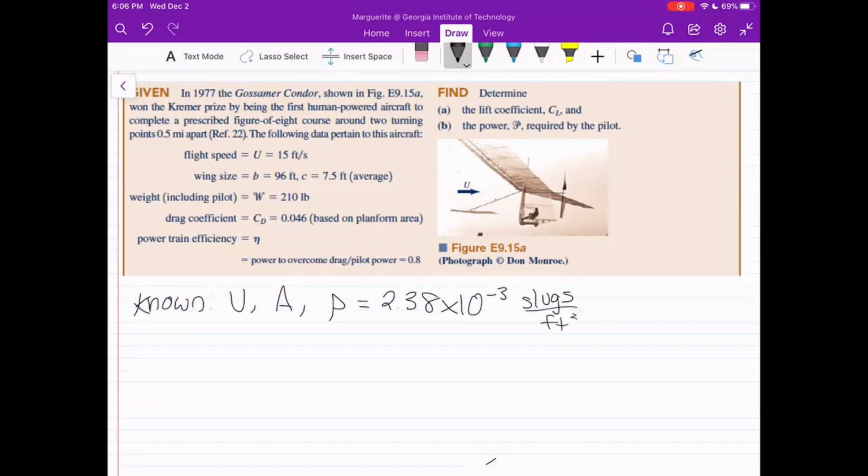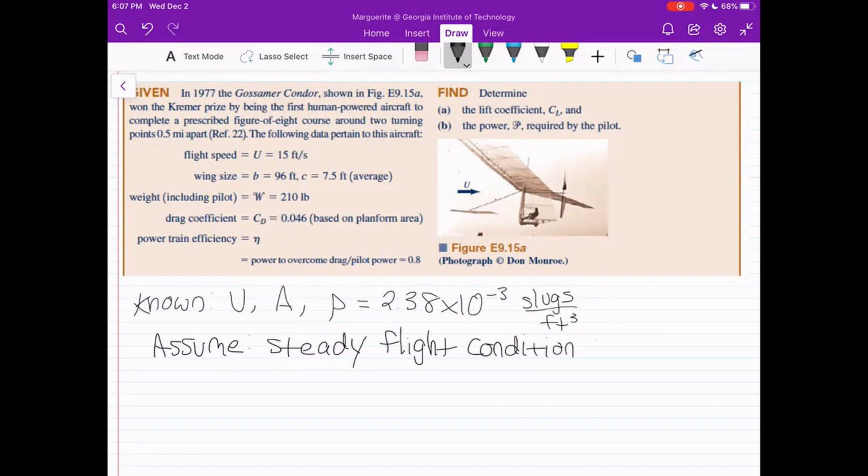Hopefully you all have worked with slugs before. It's my least favorite unit, but it's fine, English units. And then we're also going to assume steady flight conditions. So basically nothing's accelerating, or your air isn't accelerating at least.